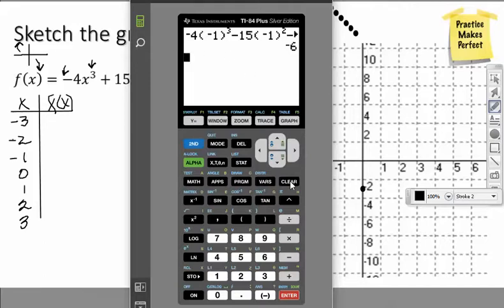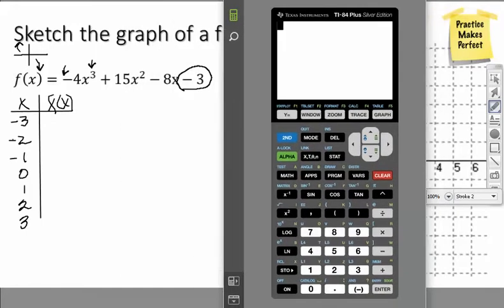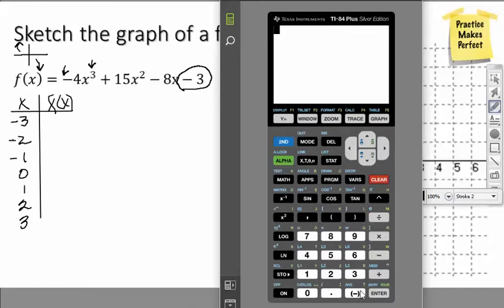I think it is the correct problem, but I'm not positive. So let me key this in, -4, and I'm going to replace the x with a -3. And that's cubed.